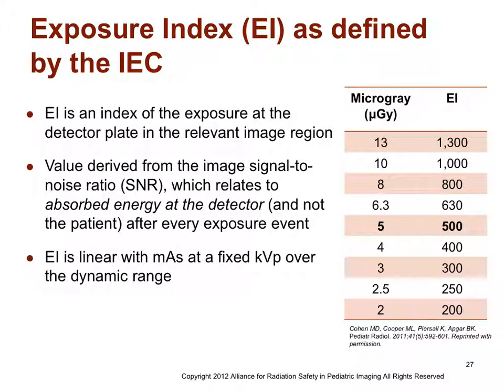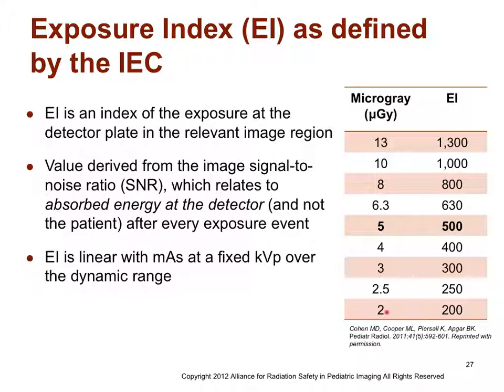Within the IEC standard, exposure index is defined as essentially the amount of exposure that's needed to create an appropriate SNR, signal to noise ratio. So there needs to be a certain amount of signal received for the system to be able to interpret that exposure event and make that diagnostic image.